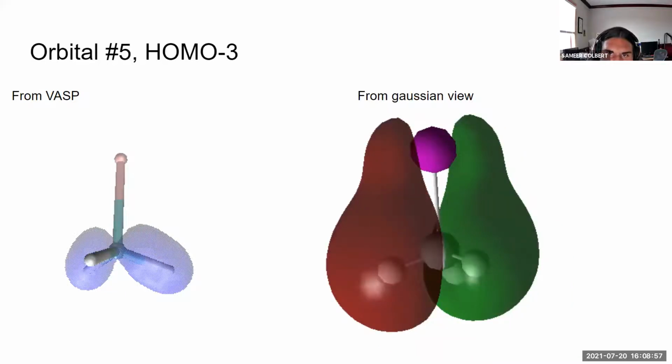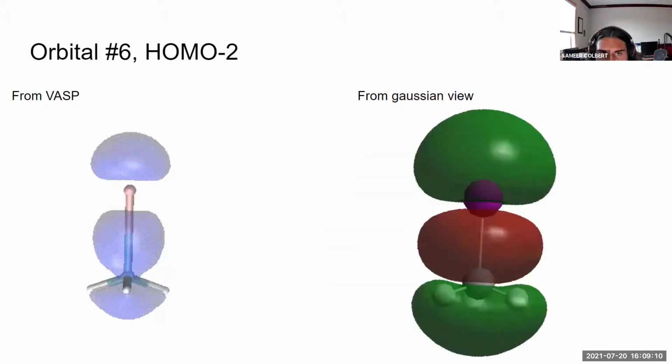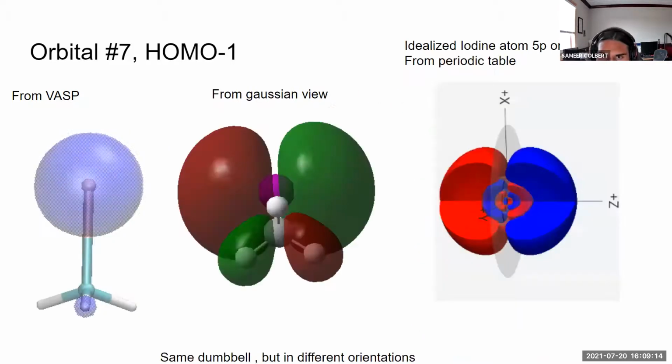HOMO minus 3 and HOMO minus 4 have basically the same energy state. This is seen again at HOMO minus 1 and HOMO. HOMO minus 2, very similar again.